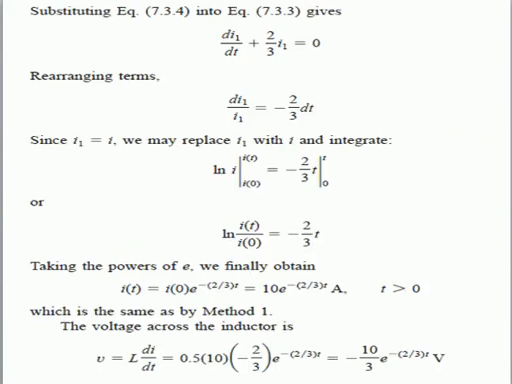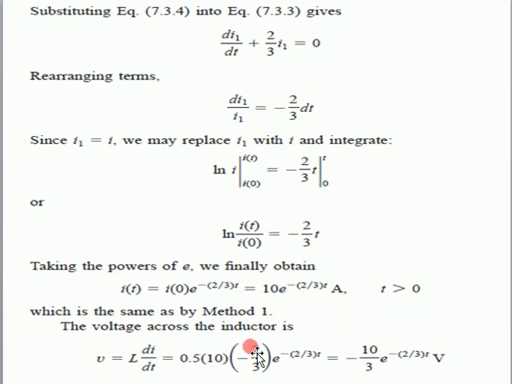That's why we are writing I1 is equal to I. So when we solve this integration, we will get I of t that is equal to I of 0 e raised to the power minus 2 by 3 t, and that is equal to 10 e raised to the power minus 2 by 3 t ampere, and that is for t greater than 0.